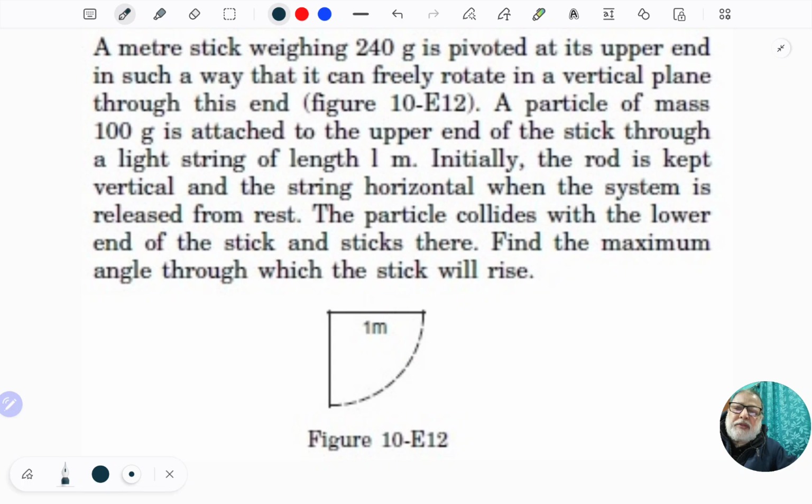Initially, the rod is kept vertical and the string horizontal when the system is released from rest. The particle collides with the lower end of the stick and sticks there. Find the maximum angle through which the stick will rise. Please note this word, that particle collides with the lower end of the stick and sticks there.